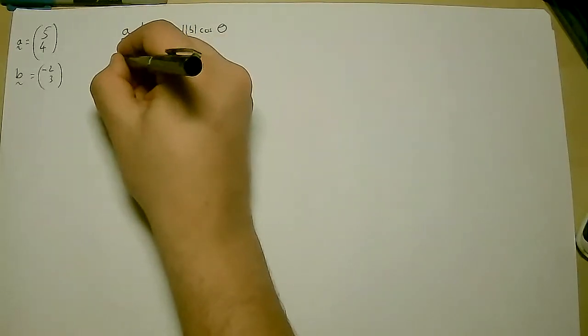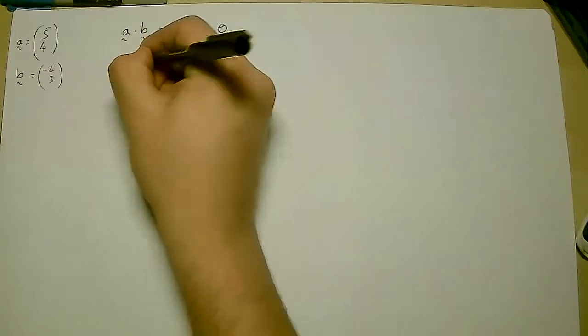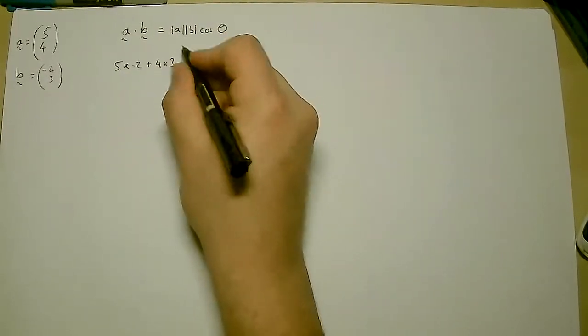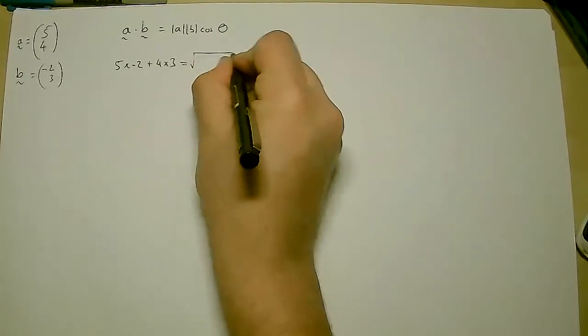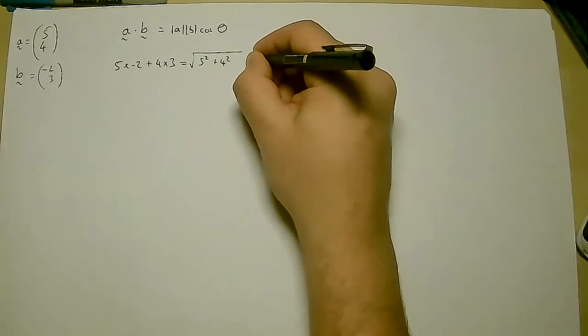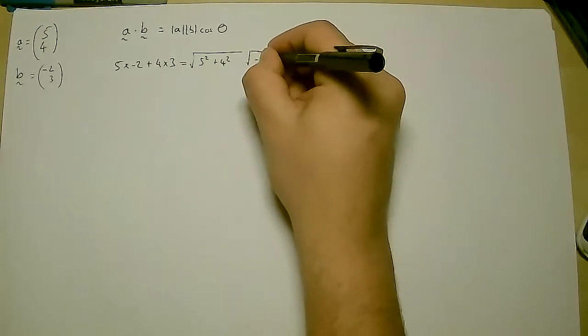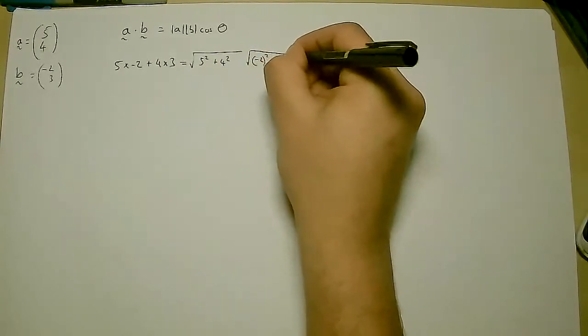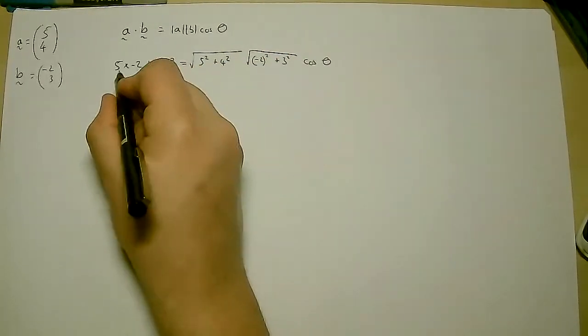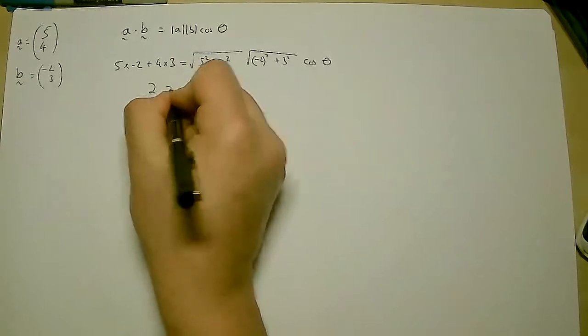So the dot product algebraically is 5 times -2 plus 4 times 3. And then the size of A is a bit of Pythagoras, 5 squared plus 4 squared. And the size of B is a similar bit of Pythagoras, 2 squared plus 3 squared, times by the cosine of theta. So this is -10 plus 12, which is 2.